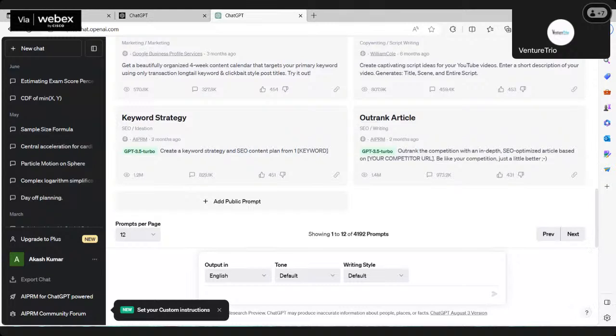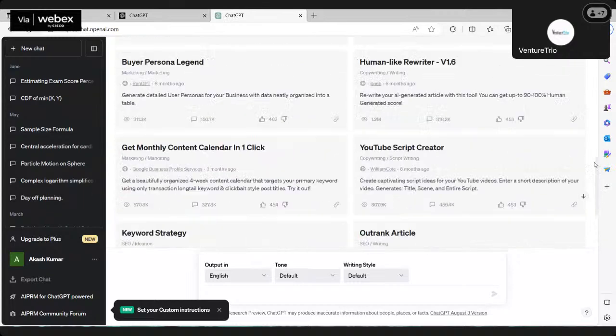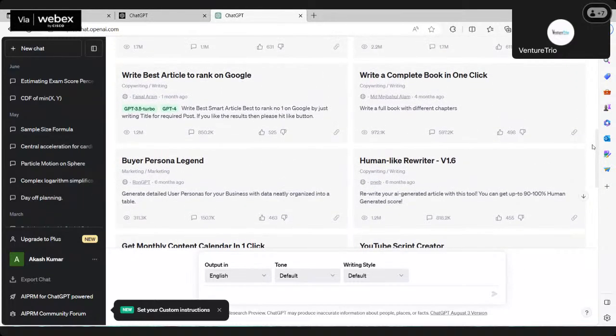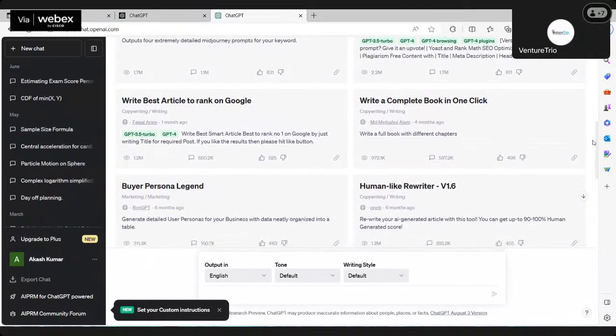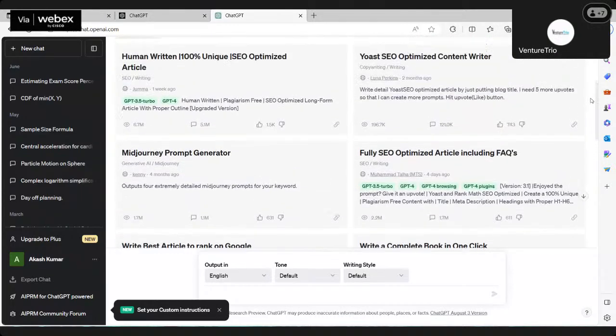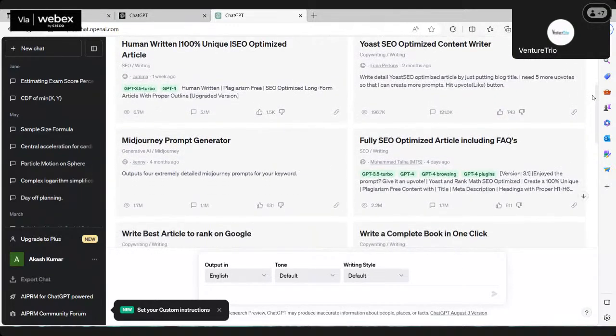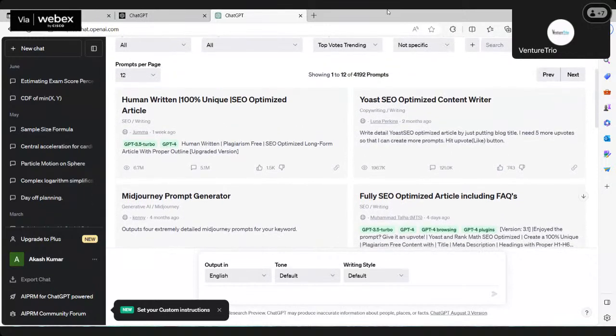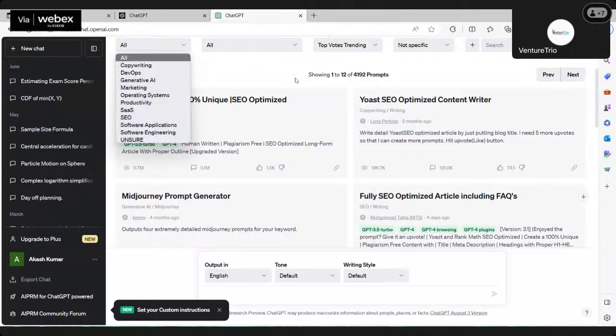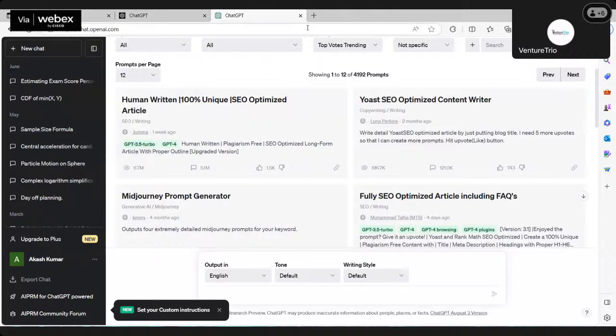We will discuss how to add extensions to our ChatGPT. Human-like writer, write book, write article, optimize human writing. Like we have options to search. So we will discuss how to use this type of ChatGPT from simple to this type.